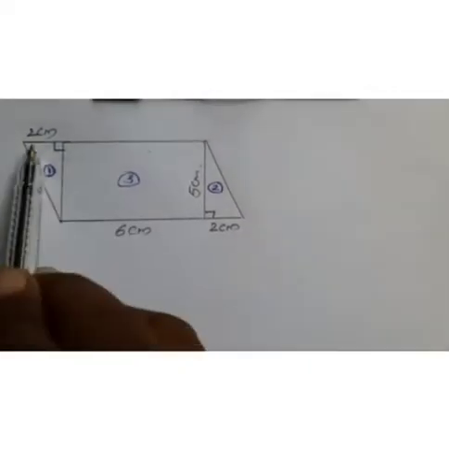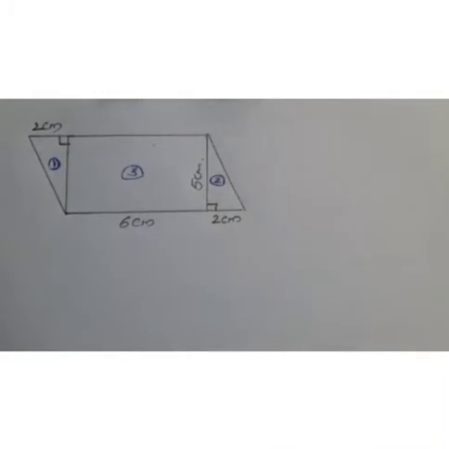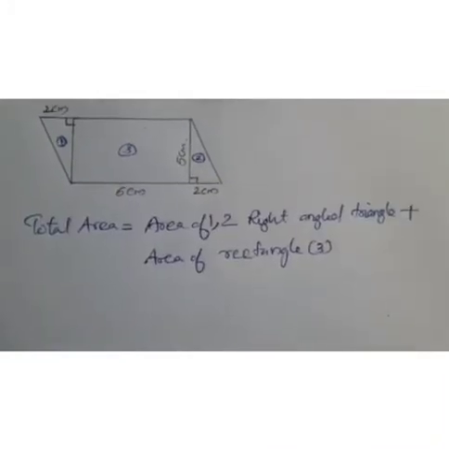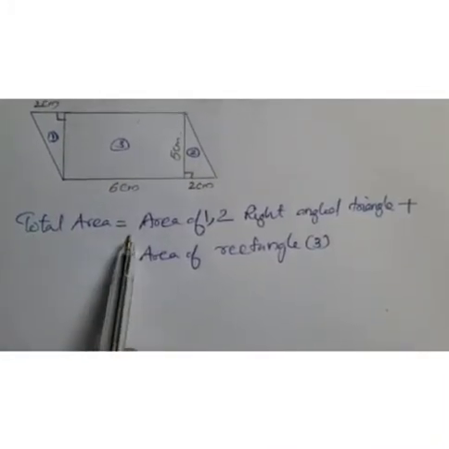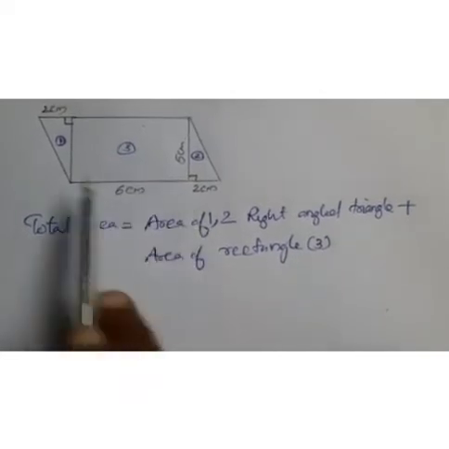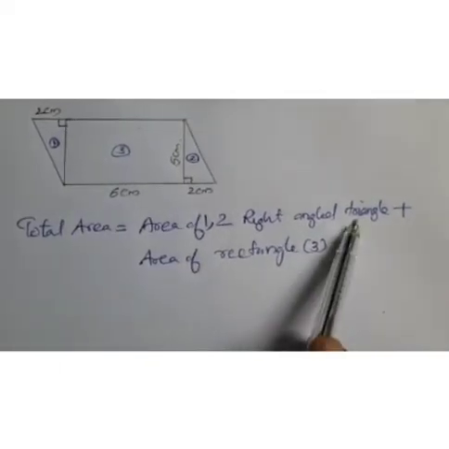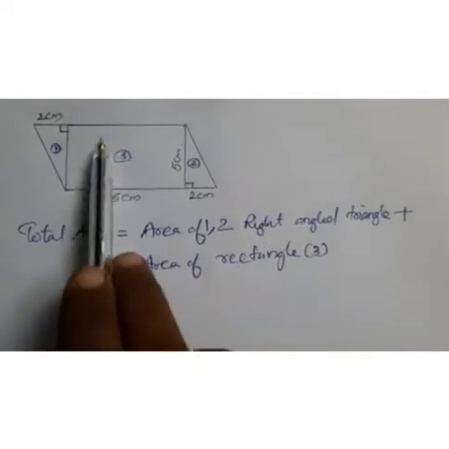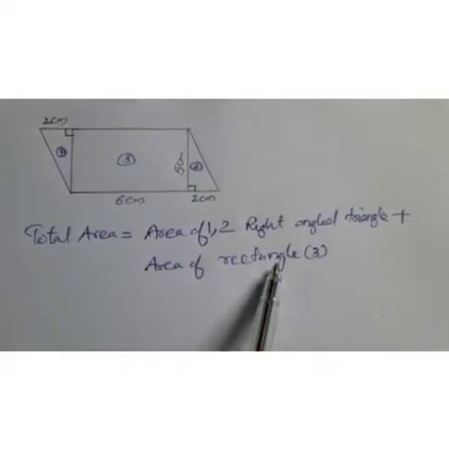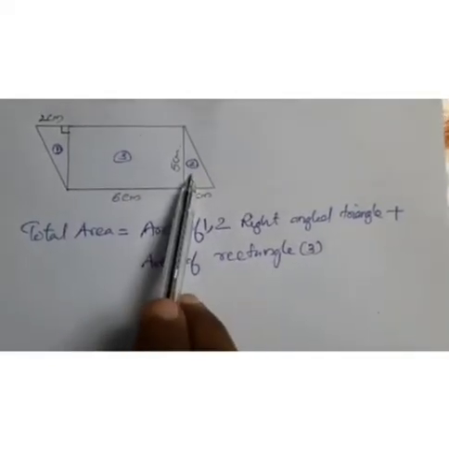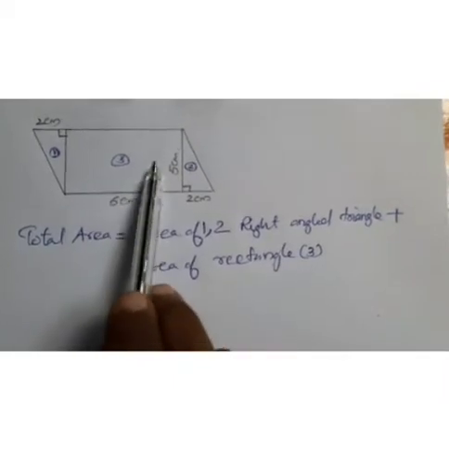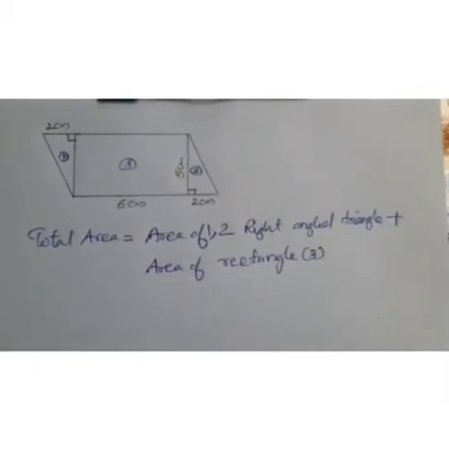So we will get the total area of the figure. You can write like this. The total area of the figure is equal to the area of the first and second right angle triangles plus the area of the rectangle. So these two triangles' areas should be added along with the area of the rectangle.